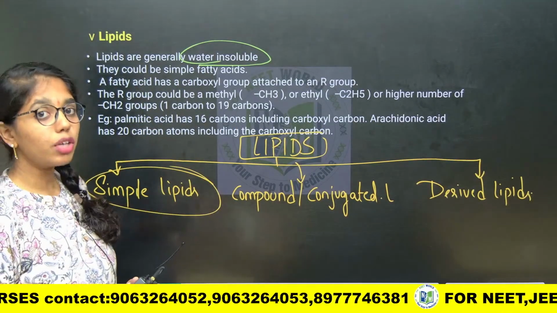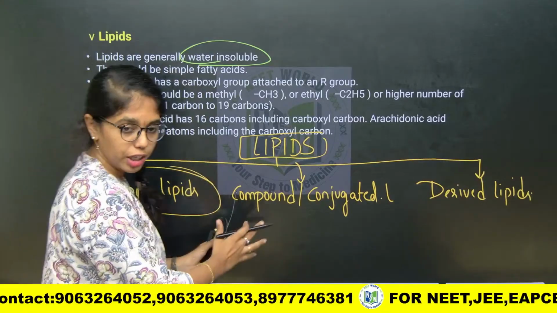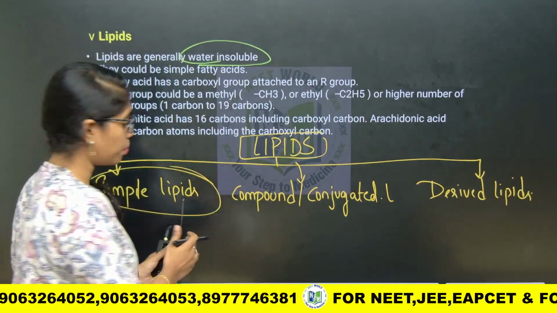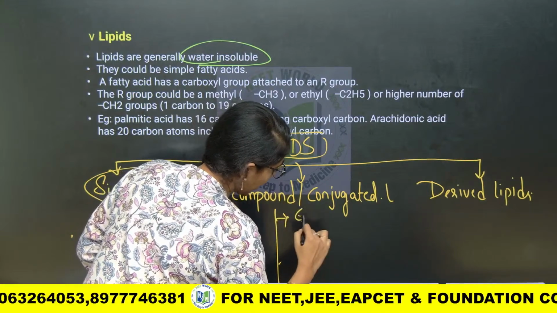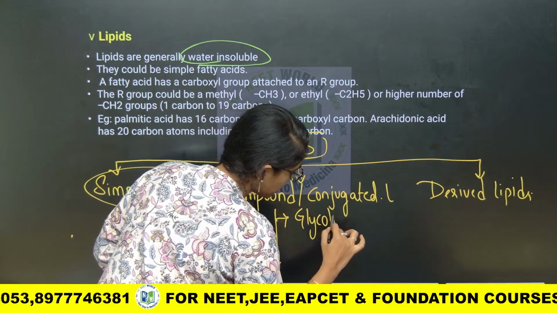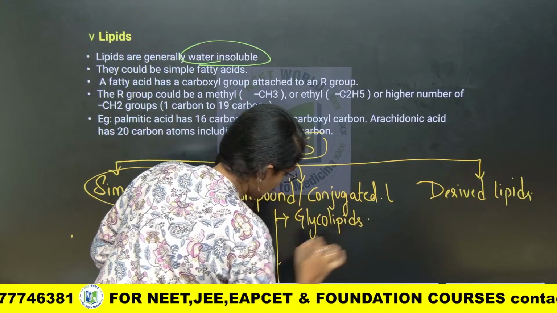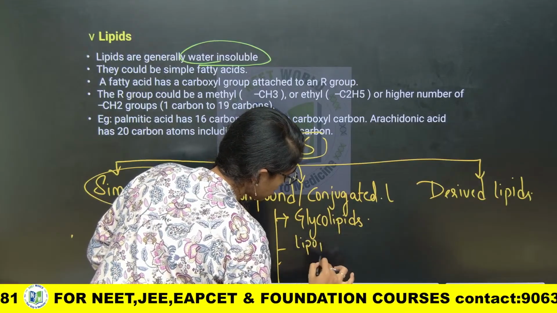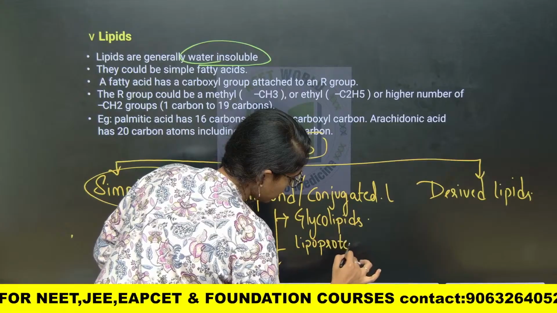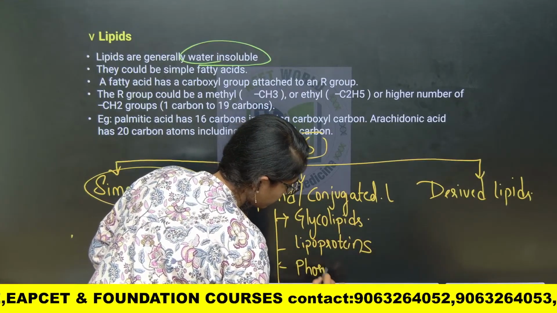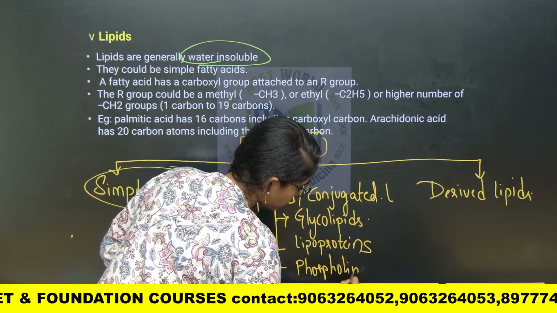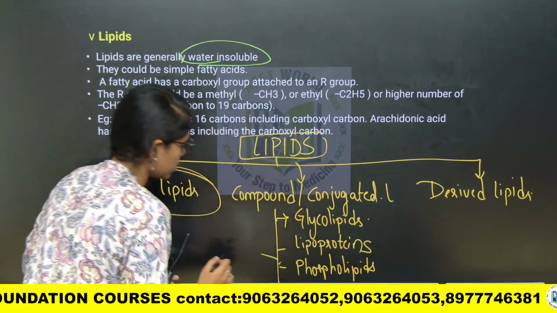Coming to compound or conjugated lipids, I have tabulated all the compound and conjugated lipids. We have glycolipids, lipoproteins, phospholipids, and chromoproteins.